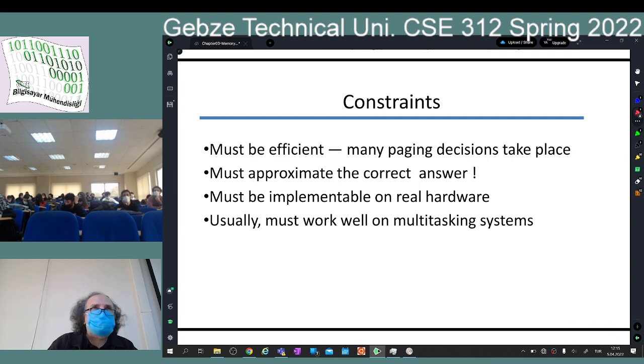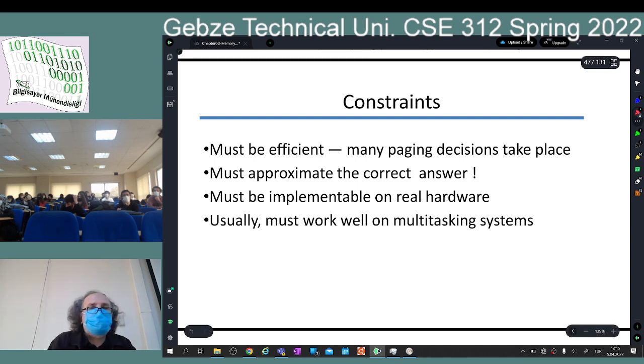What is the correct answer? It is the optimal page replacement. We are not saying that you have to be optimal. We cannot be optimal, but you have to be close to the correct answer. And the algorithm must be implementable on real hardware. If you say that you need special hardware to implement this, but no such hardware is available or it is too expensive, then it's no use.